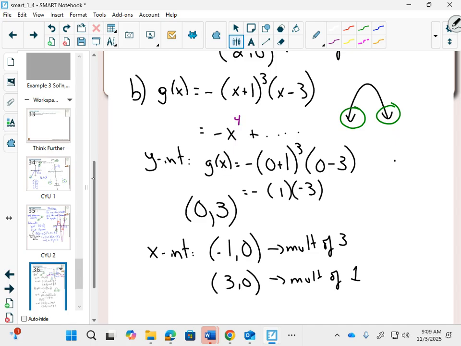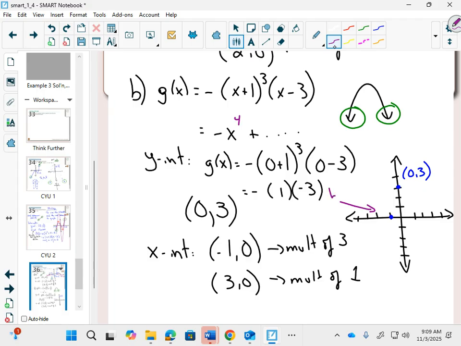So we go to graph, and I'll just put it off to the side here. Our y-intercept was at 0 comma 3. X-intercept of minus 1, and it has a multiplicity of 3.